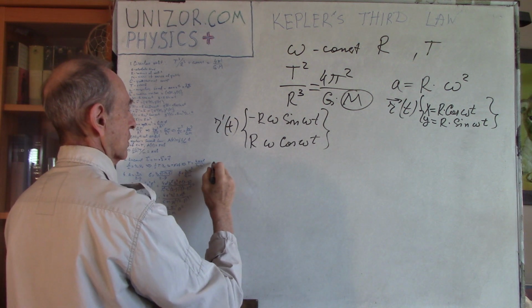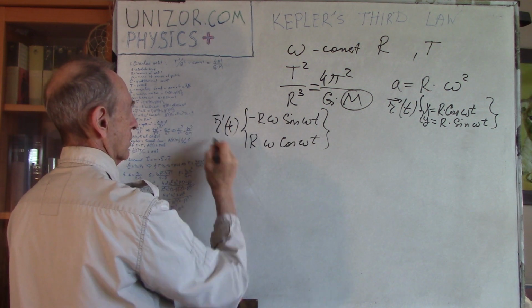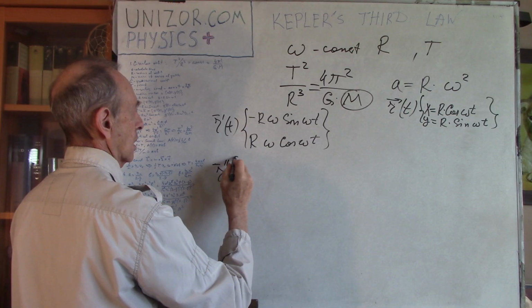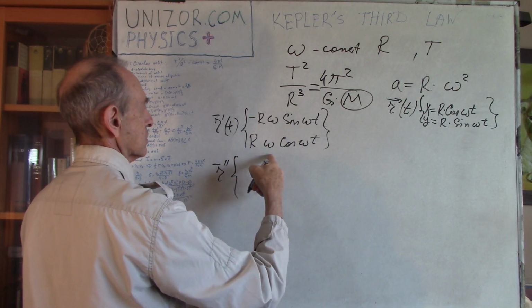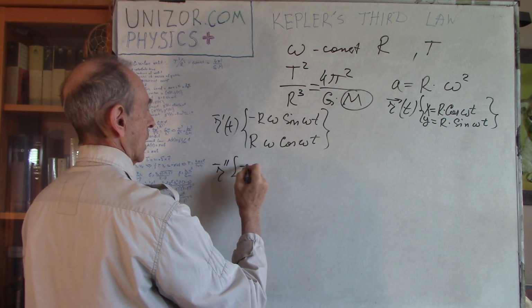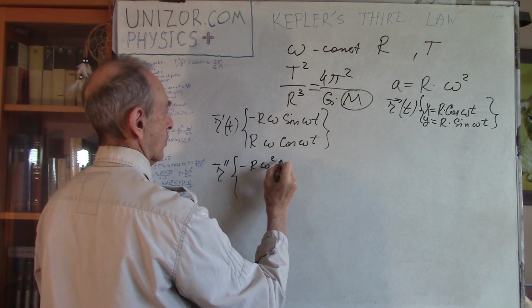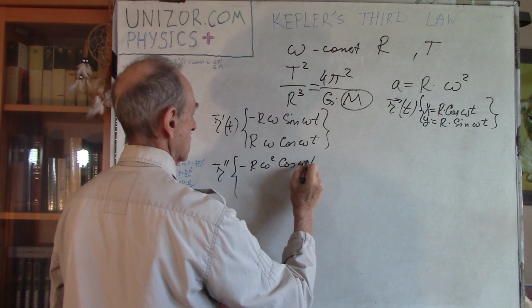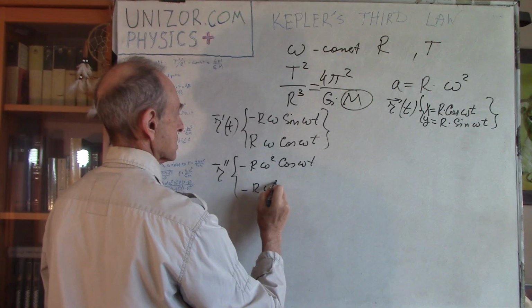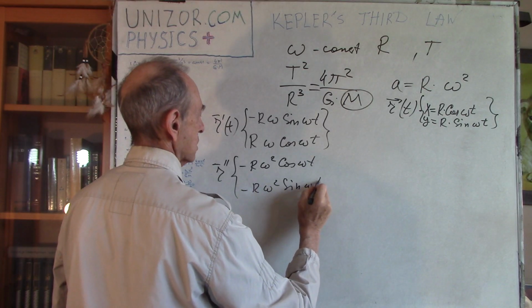Now the vector of acceleration would be the second derivative, so it would be minus r omega squared cosine omega t, minus r omega squared sine omega t.